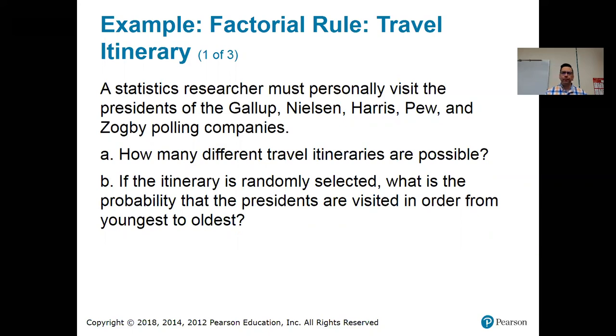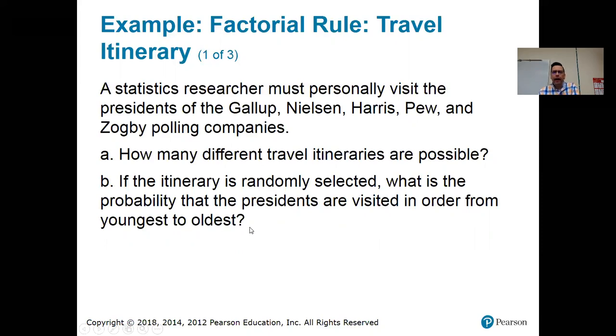Okay, meaning he's going to visit Harris first, Nielsen second, Pew third, et cetera, et cetera. So how many different ways are there to do that? And then the second question, if the itinerary is randomly selected, what's the probability that the presidents are visited in order from youngest to oldest?